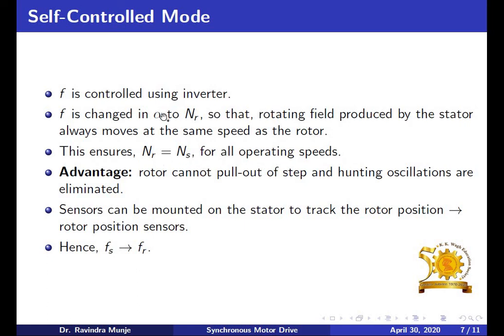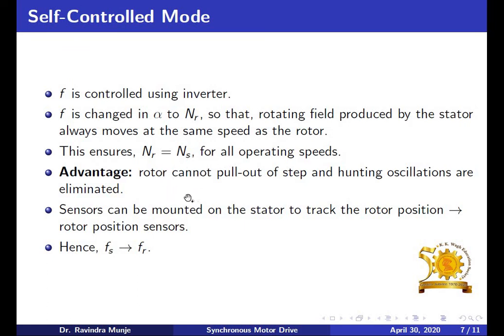If we compare with the earlier method, true synchronous mode, here in self-controlled mode Ns and Nr are the same for all operating speeds, whereas in the earlier case we change Ns and then Nr tracks Ns.